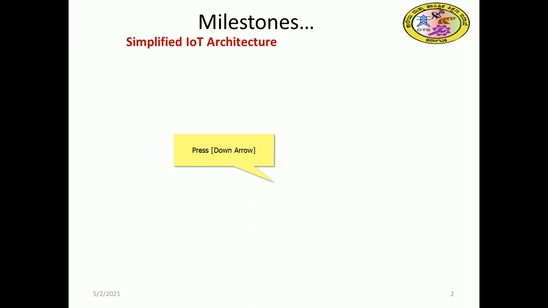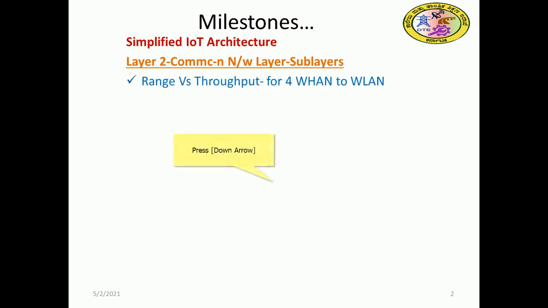We have seen the simplified IoT architecture in depth in the previous session, when we covered layer 1. Further, layer 2, the communication network layer, has sub layers that we are going to discuss.